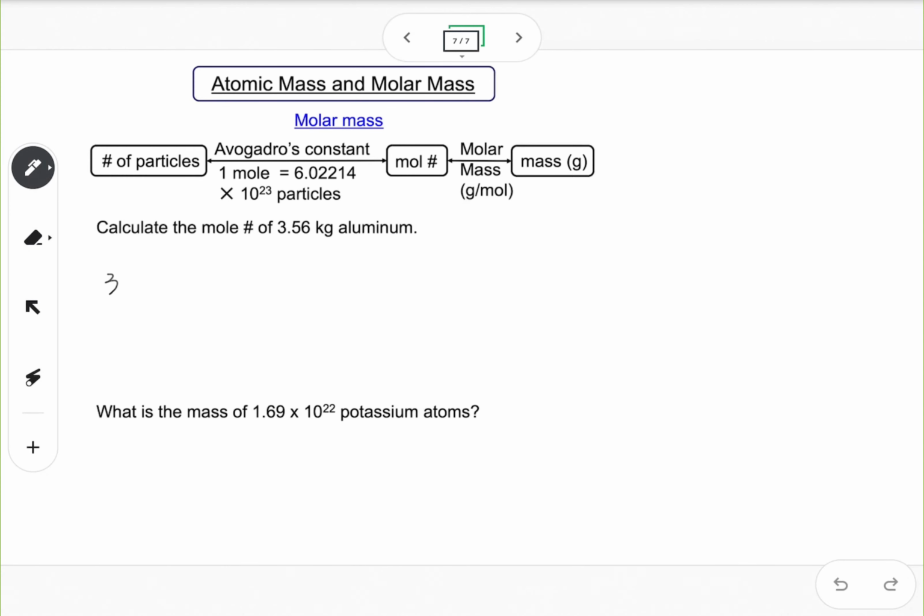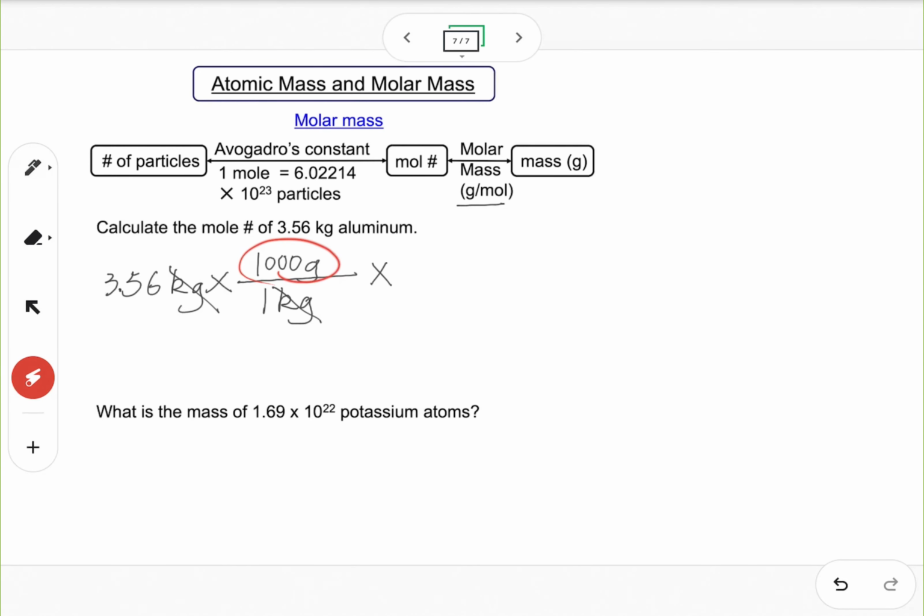Okay, 3.56 kilogram. Convert the kilogram to gram. 1 kilogram, 1,000 gram. Because you want to cancel the kilogram and keep the gram, the gram should be on top. All right, now how do we use the molar mass? Remember, you want to convert mass to mole.